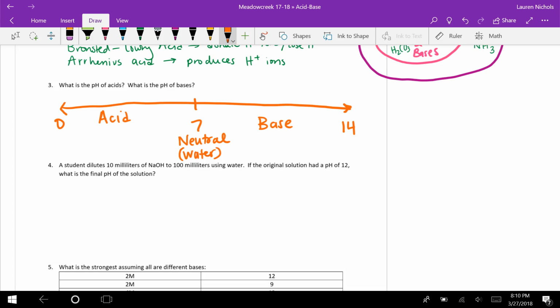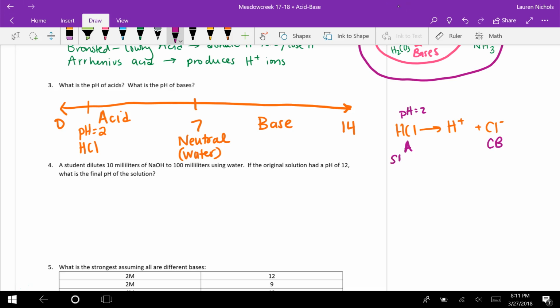One thing to note is the more basic you are, the less acidic you are. So they're kind of inverse of each other. So let's say I have something that has a pH of 2, and it's HCl. When HCl breaks down to form H plus and Cl minus, we know that this is our acid, right? It has a pH of 2. Now its base, Cl minus, that's its conjugate base, what it produces.